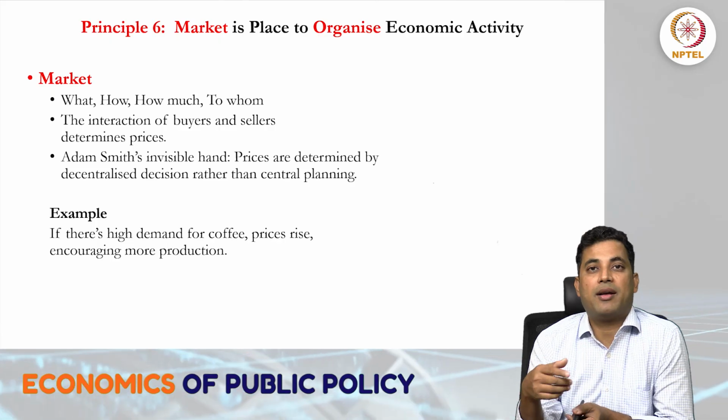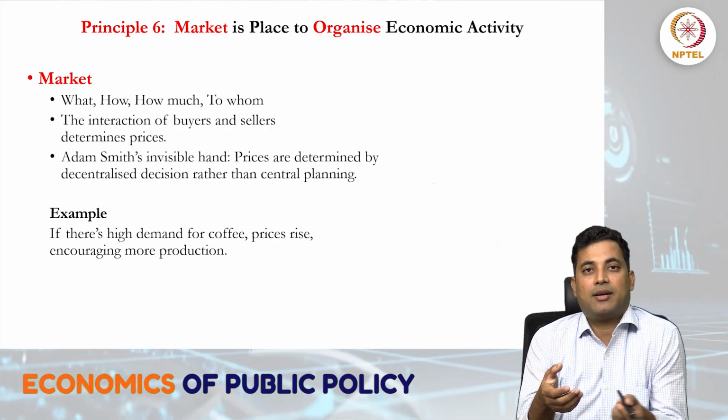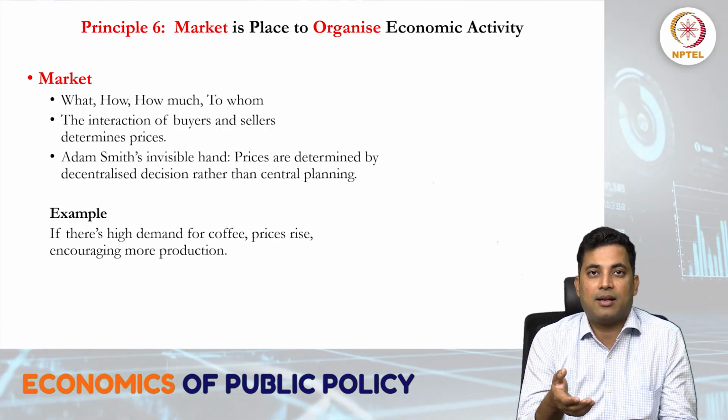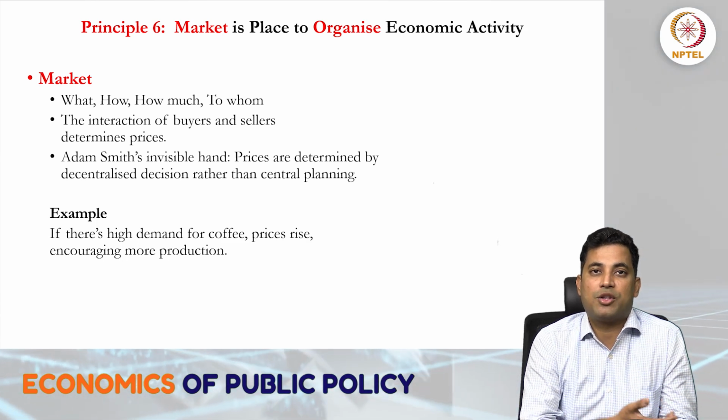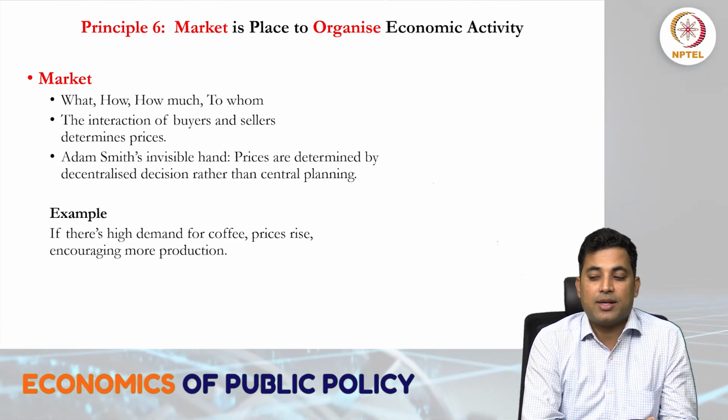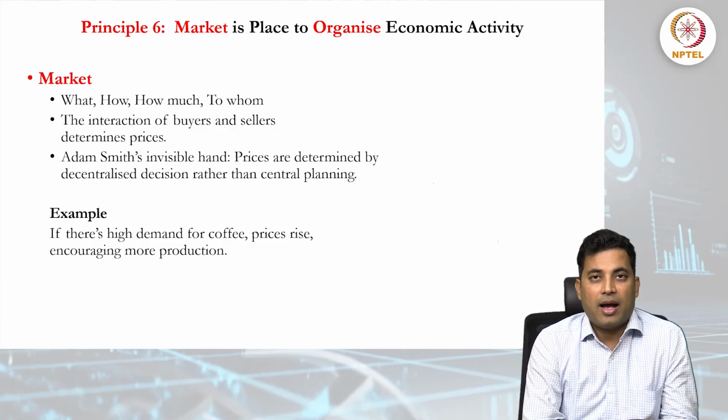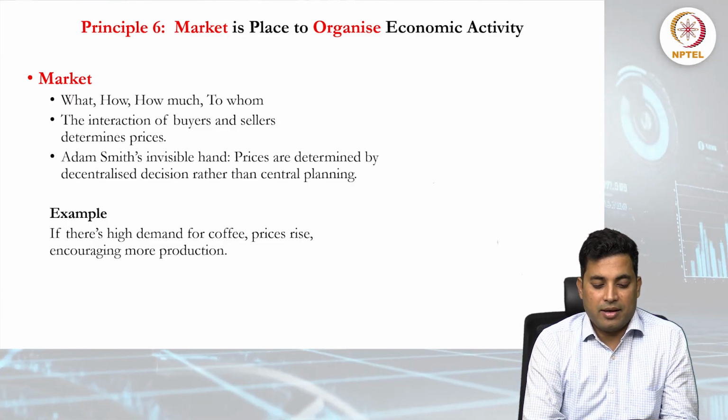In the market, buyers are consumers and sellers are the producers, who will decide based on the demand how many goods and services are to be produced, and the price will be determined there.